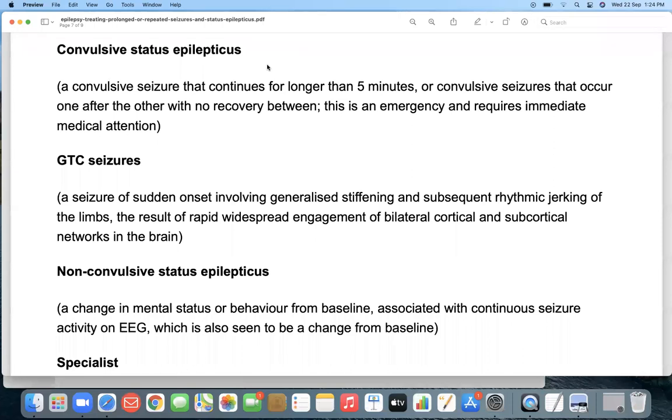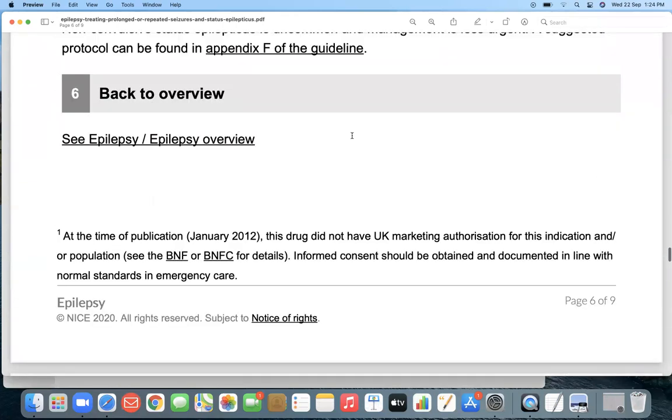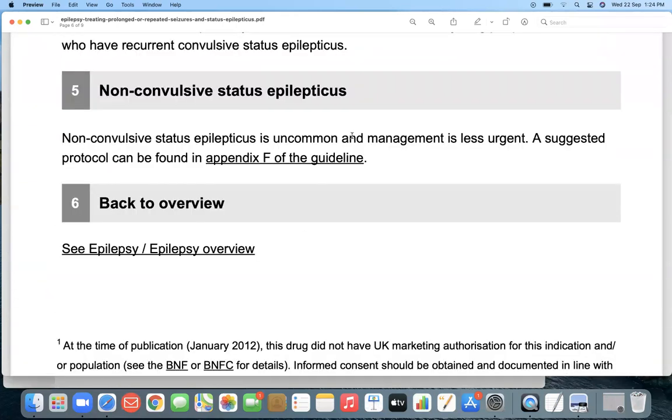Dr. Noor, I have one question regarding the treatment for non-convulsive status epilepticus. Is it the same as convulsive status epilepticus? There is an article here. We have to go through it because see here, he has written a suggested protocol can be found in Appendix F of the guideline.